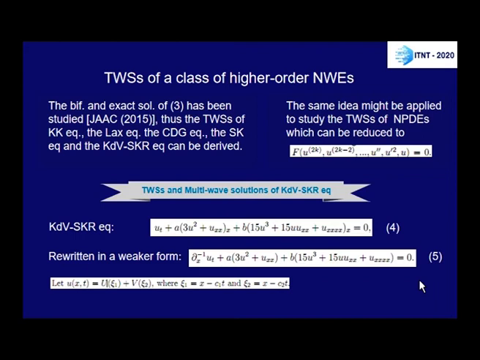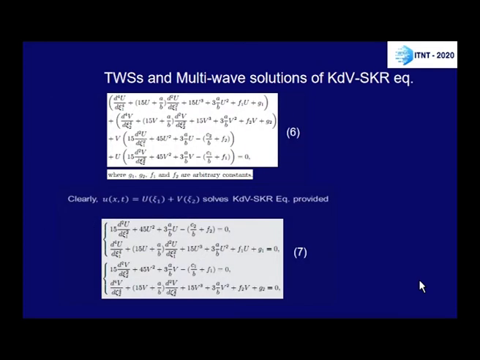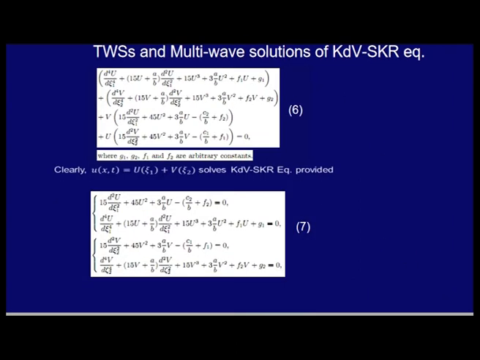After we introduce capital U(ξ1) and V(ξ2), this equation can be reduced into this form. Now let us look at equation 6. You will find that each of the four brackets only involves U or only involves V. We specially organize it in this form.